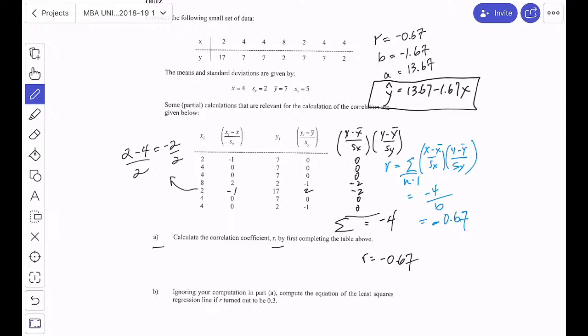So if that's the case and R turned out to be 0.3, what do we do next? Well, first, we get the point, which is x bar, y bar.